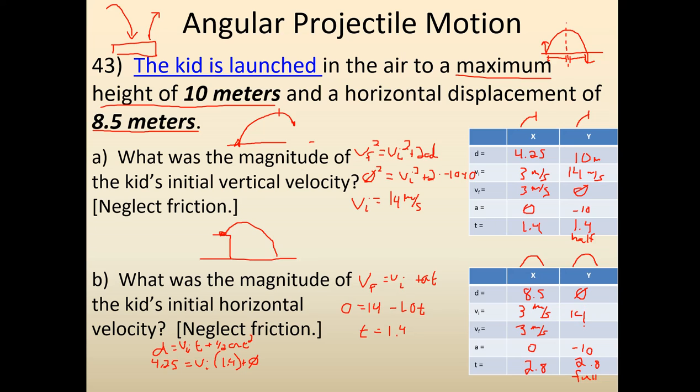VI is 0 in the y if it is a horizontal projectile or if it starts with a height. So if it starts at a height, then VI is going to have to be 0 because again, we don't do asymmetric problems. If it starts at a height, it's going to be going horizontally and then landing. So VI could be 0, in which case it's a horizontal projectile starting at some height, or VF is 0, in which case they say the phrase max height.